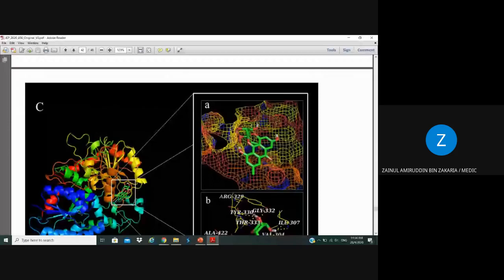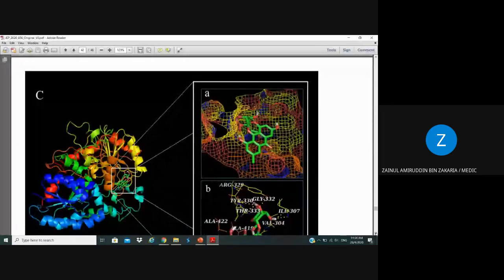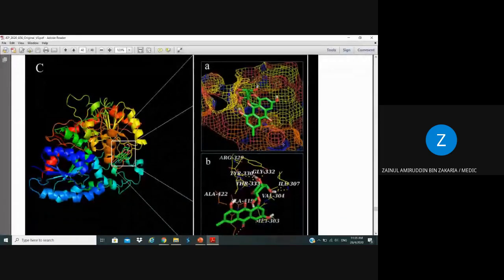If there is a good binding, that means the compound can block the enzyme from producing its activity. That is what leads to liver toxicity, meaning the enzyme has lost its activity due to binding of the compound to the enzyme.